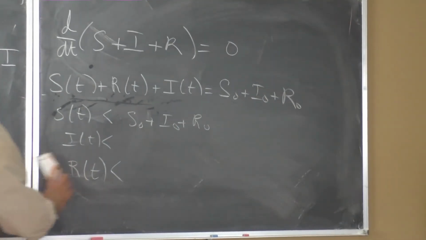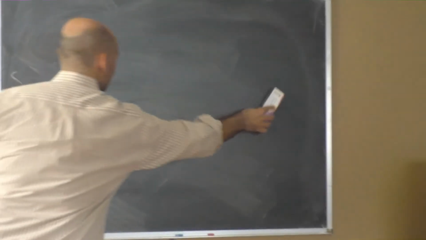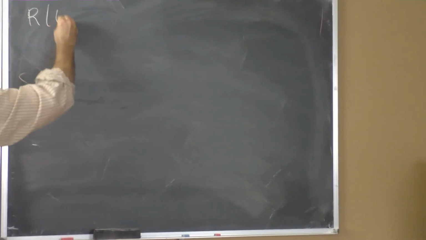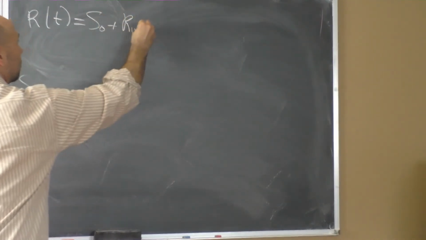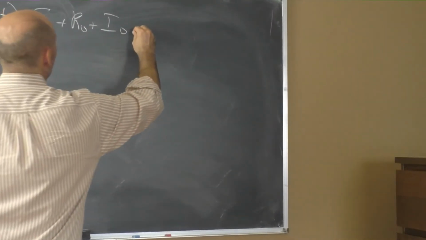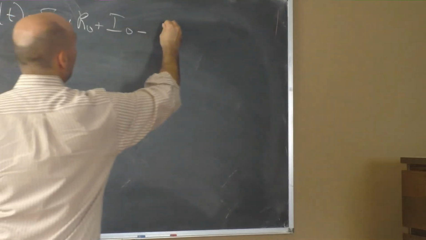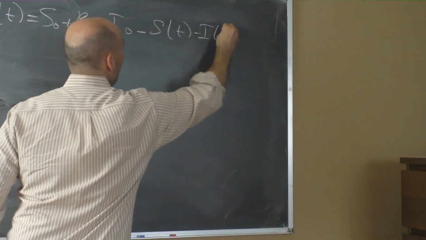Now, R of t equals S0 plus R0 plus I0 minus S of t minus I of t.